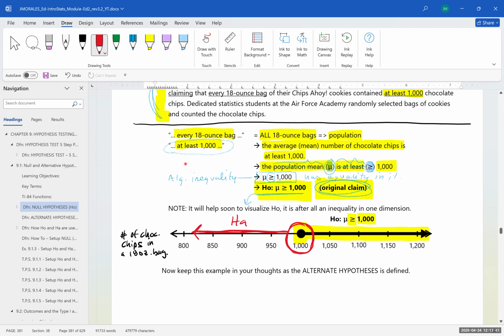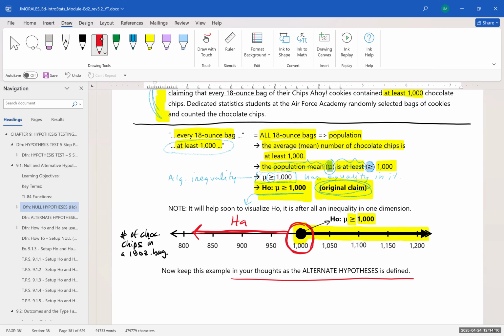Okay, and I kind of jumped the shark a little bit by giving you that this is going to lead to the alternate hypothesis. But this is the binary choice we've got. You can see that this choice of exactly 1,000 is covered under our definition of the null hypothesis.